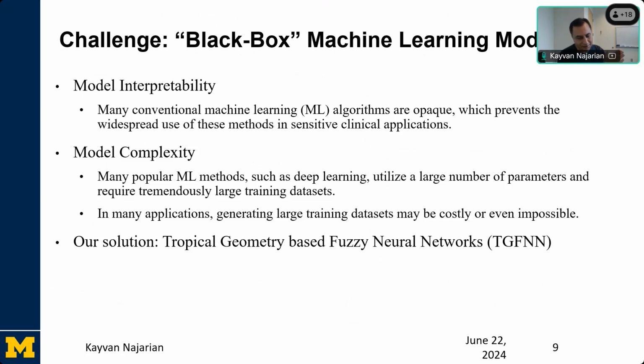So now, let's put all of that together: tropical geometry-based fuzzy neural networks. It means neural networks that are completely interpretable, with human-understandable rules involved in them, and they're made technically efficient and tractable using tropical geometry.